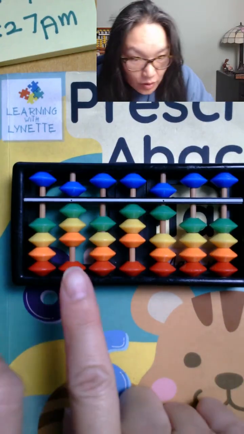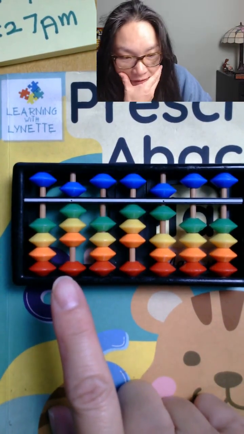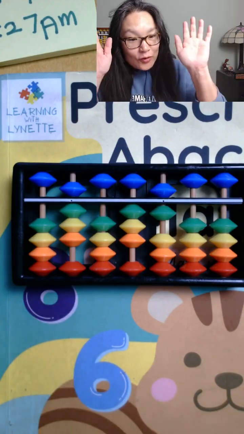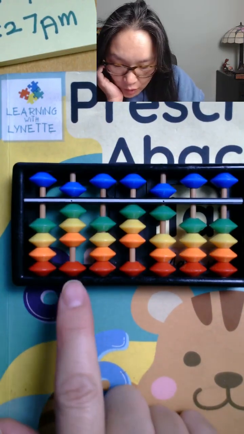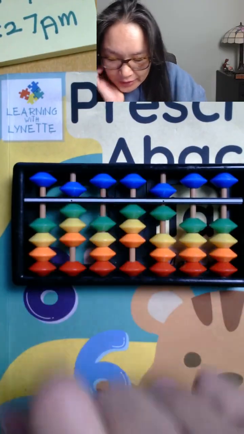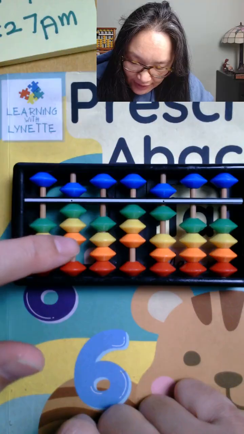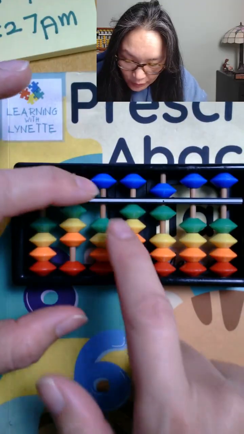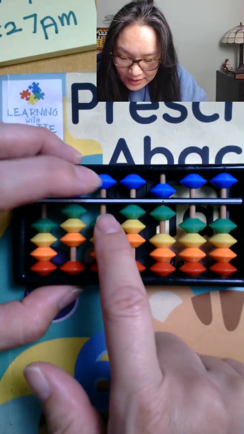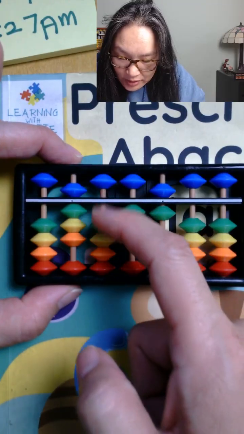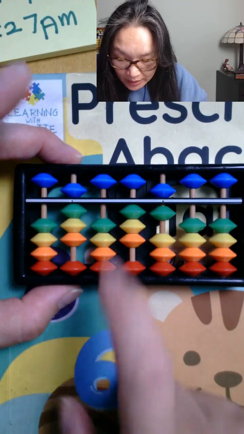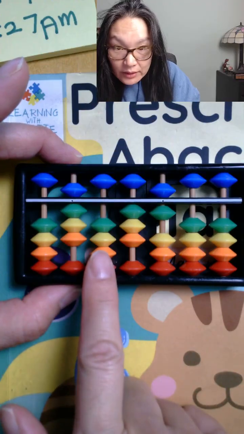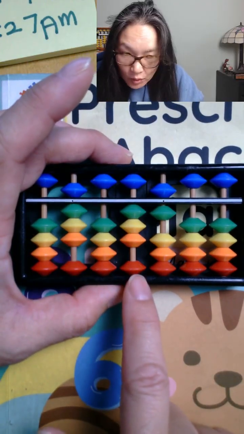Okay, so what do we have? We have 130. Ooh, close. Let's take it slow. We have 8,000. How do I know? Because it's 5, 6, 7, 8. We have 0. Here in the ones column, this is the 0, because none of the beads are touching the horizontal bar. So this is why this is 0. And then here is 3. So you almost got it.